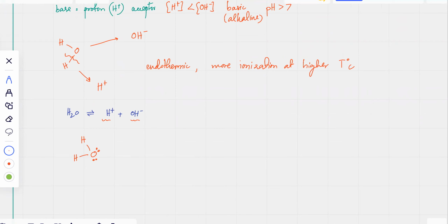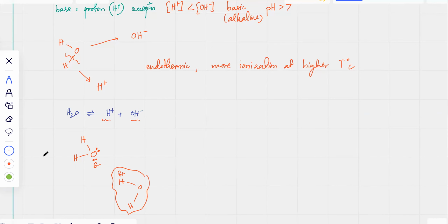Water is a polar molecule. The lone pairs are partial negative, right? And here's another water molecule. And the H in a water molecule is partially positive, right? So what really happens is that the water molecule is going to split up. If two water molecules collide, this water molecule will ionize and it will split up. Why? Because the lone pairs over here would attract the H positive.